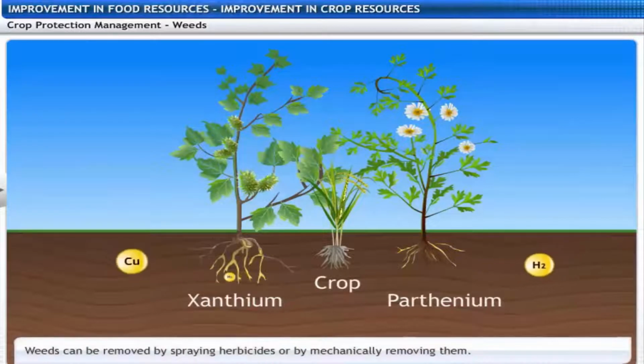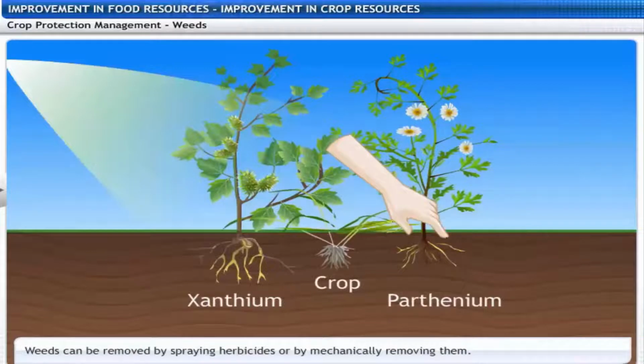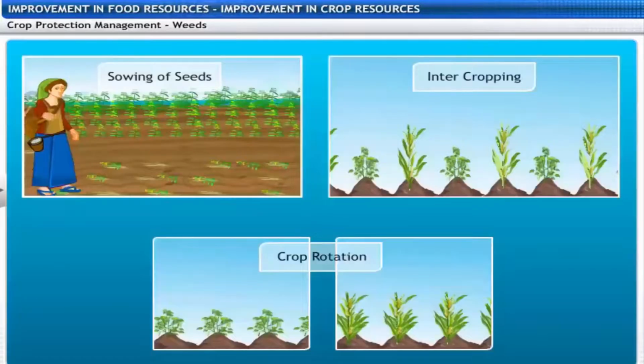Weeds can be removed by spraying herbicides or by mechanically removing them. Timely sowing of crops, intercropping, and crop rotation effectively control weeds. The use of resistant varieties and summer ploughing also destroys weeds.